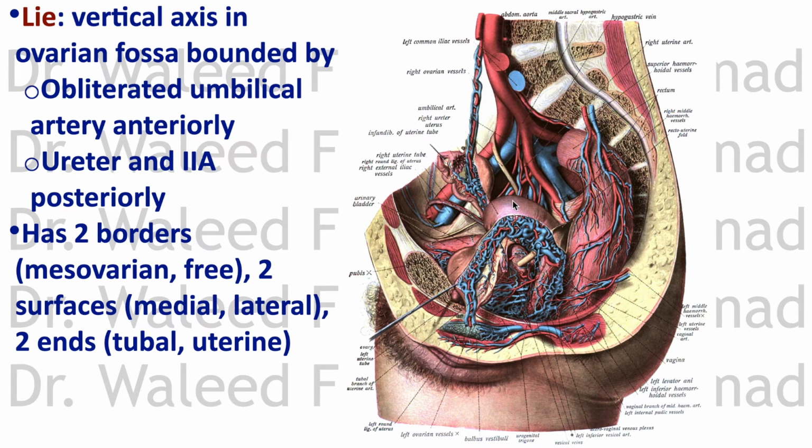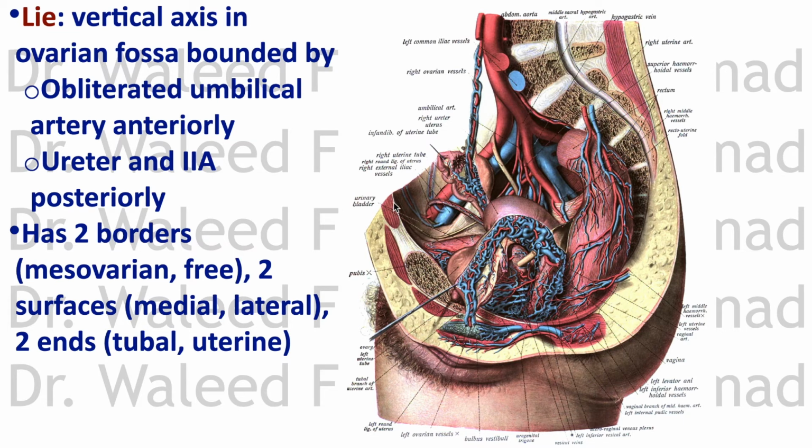To describe the ovary, we have two borders, the mesovarian border and the free border. Two surfaces, the medial surface, the one we are looking at here, and the lateral surface. Two ends, the tubal end and the uterine end. This is the tubal end and this is the uterine end of the ovary.